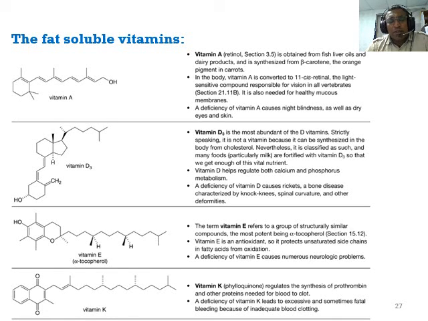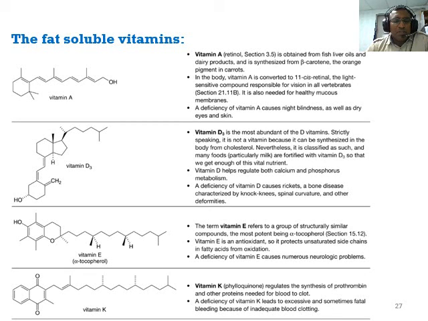If there is a lack of it or a reduced amount, then you have a problem with night vision. And then vitamin D, as you know, you can build it by just going into the sun. Your skin can actually make vitamin D, and it is very much relevant in making strong teeth and bones.